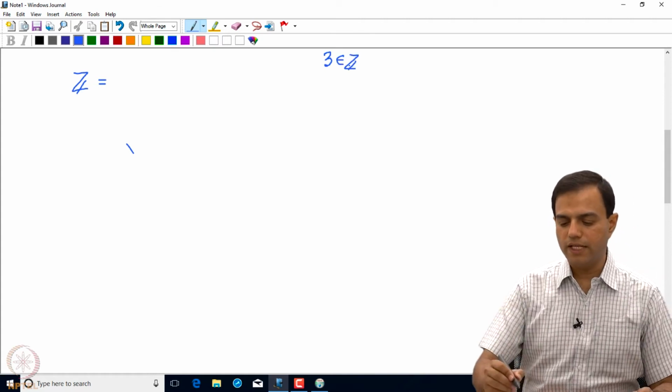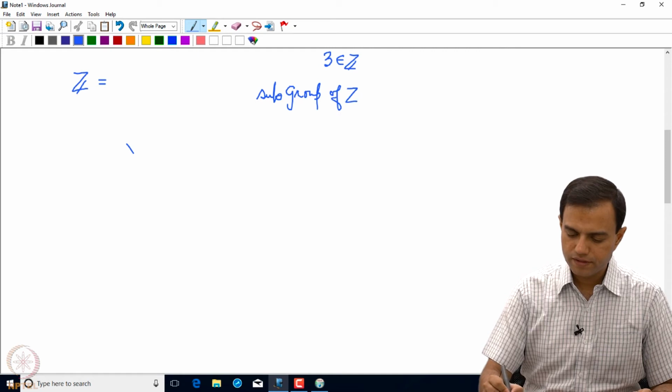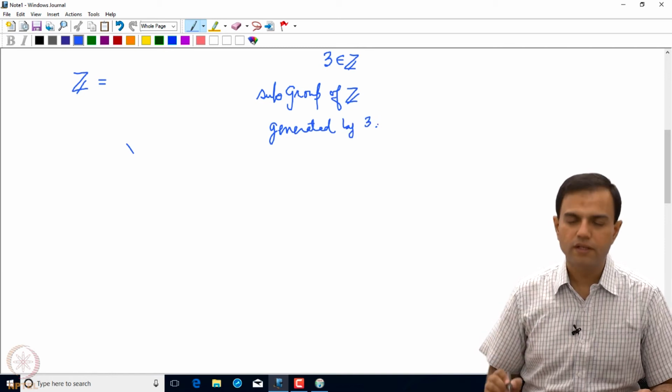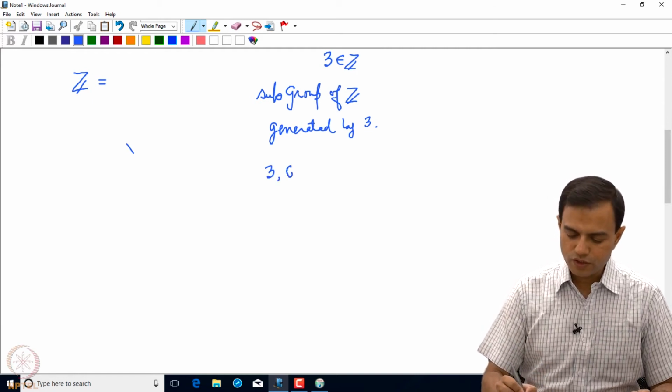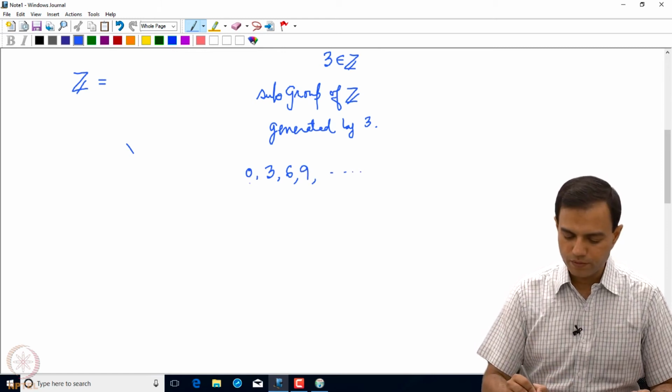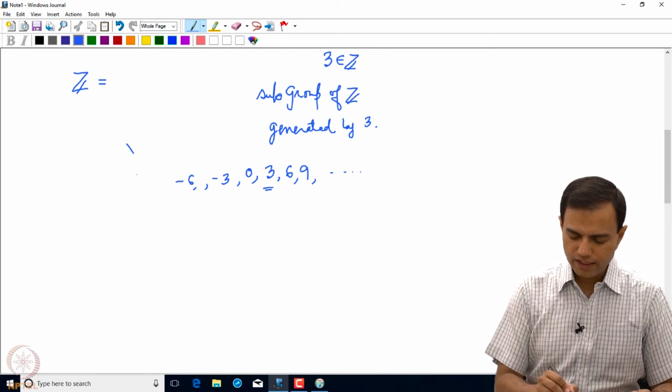If I take this element 3, I can ask about the subgroup of Z which is generated by 3. So if 3 is there, 3 plus 3, 6 has to be there, 9 has to be there, and so on. Of course, in the group 0 has to be there. If 3 is there, minus 3 has to be there. Since 6 is there, minus 6 has to be there, like that.